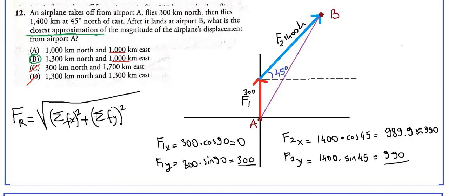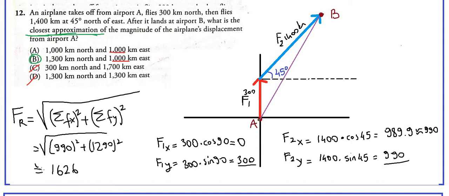This is the distance formula actually. So that would be the square root of 0 plus 990 the quantity squared plus 300 plus 990 the quantity squared, and the answer would be 1626 approximately if you do this arithmetic.